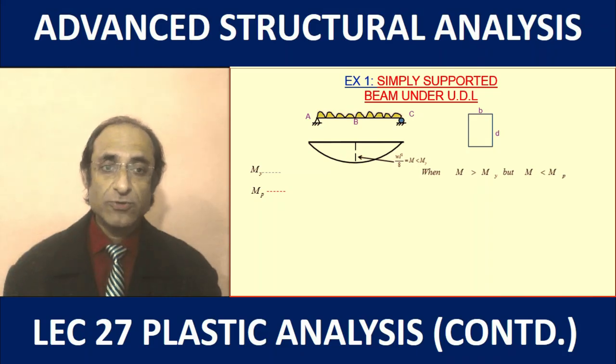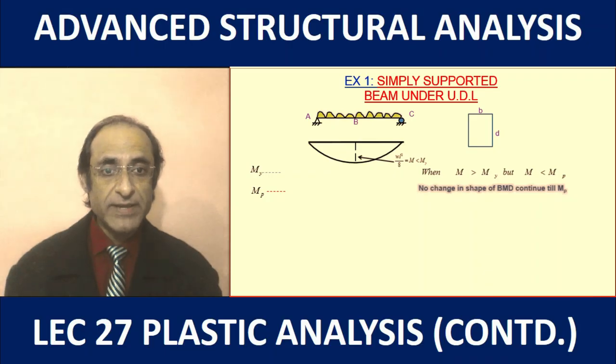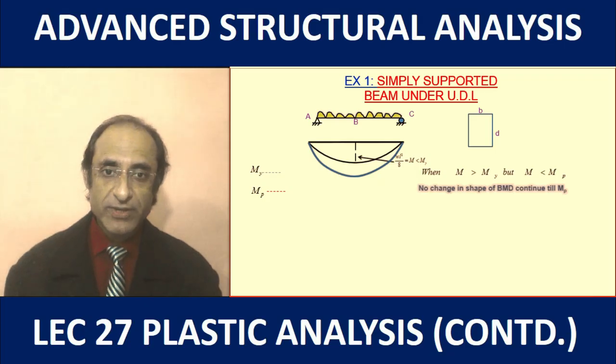So we increase the load such that the yield moment is exceeded, but the maximum moment is less than the plastic moment. There won't be any change in the shape of the bending moment diagram till the plastic moment is reached. So now this is the condition that the bending moment has exceeded the yield moment but is less than the plastic moment.